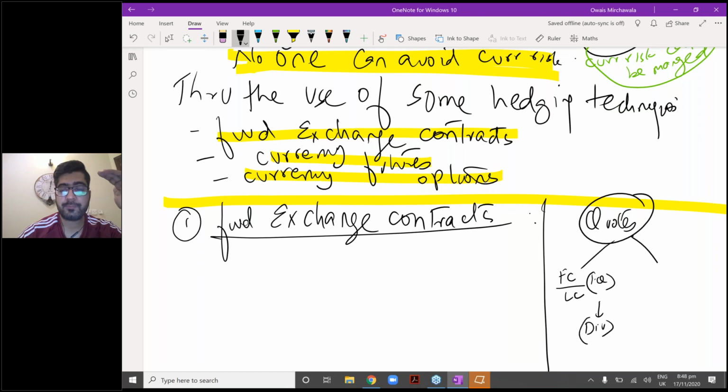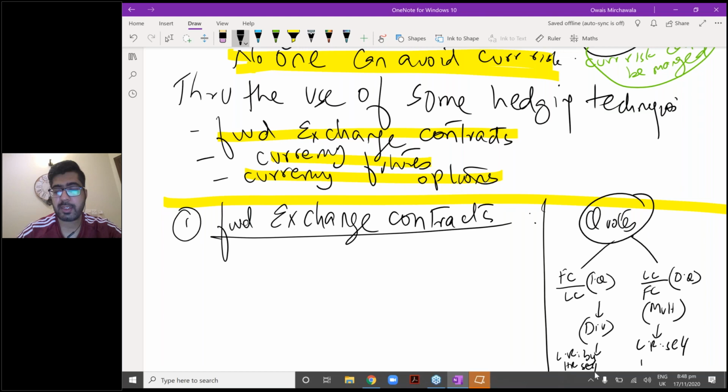We divide, and lower rate by higher rate is the sell rate. Similarly, if local currency is in numerator, foreign currency is denominator, that's a direct quote. In direct quote we multiply, and the lower rate is the selling rate and higher rate is the buying rate.